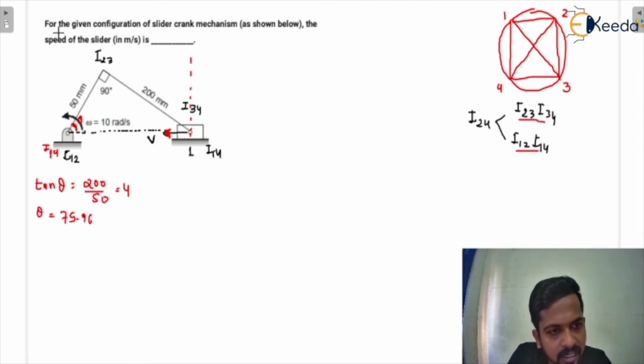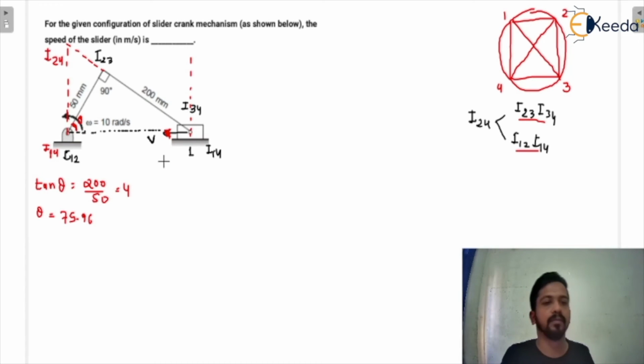Now if you extend this, you will get the intersection, and that would be I24.